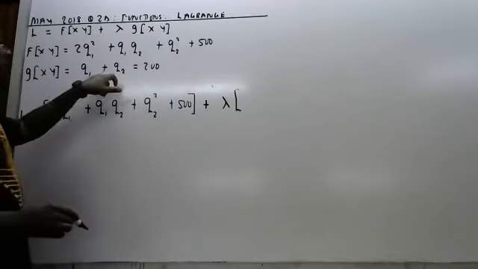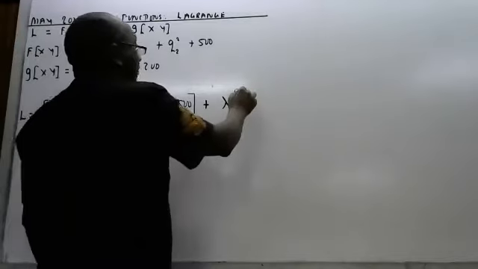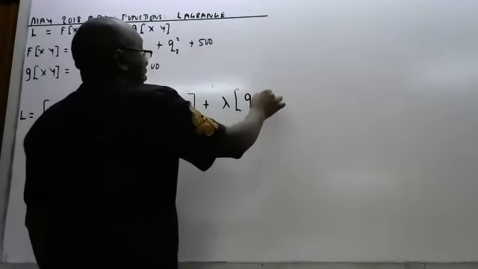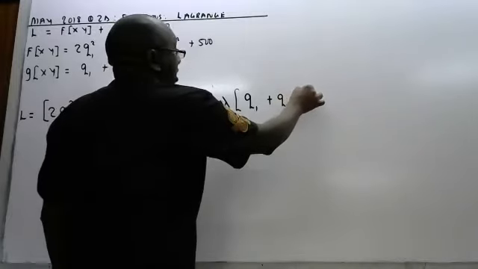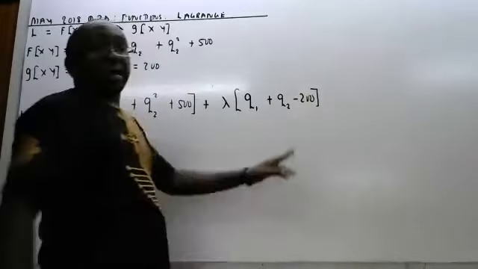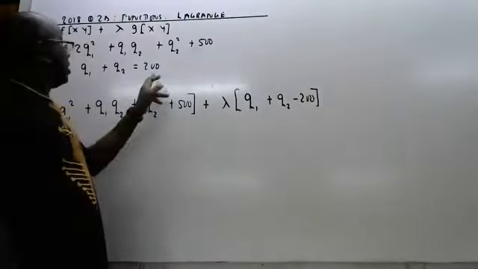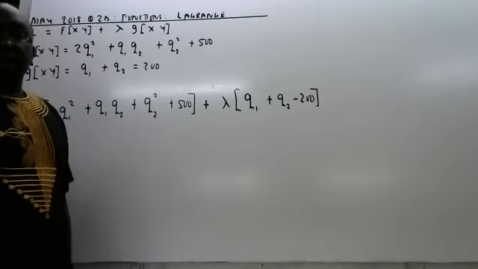Now g of xy is this one, so you are going to have q1 plus q2 minus 200. This one is made to close over here so that we don't have two equal signs in one function.